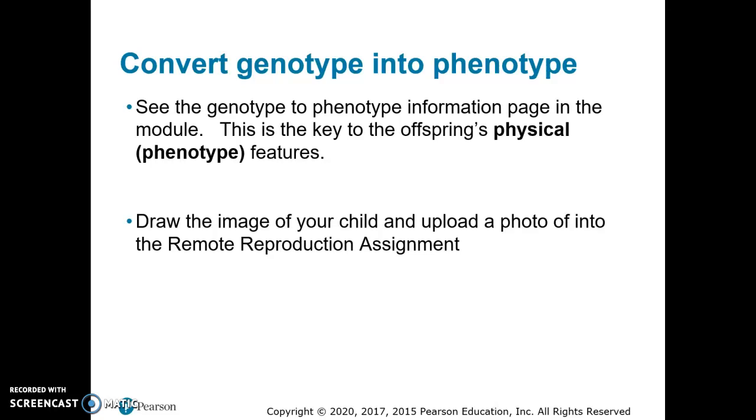So when you say to me, oh, I've got brown hair, you're describing to me your phenotype. I don't know what your letter combination is, but I can see your physical features. So you're taking the genetic information and decoding it to see what the baby's physical features are.